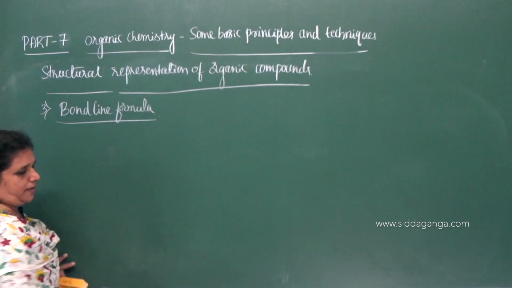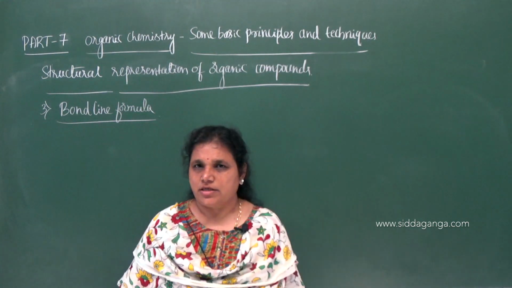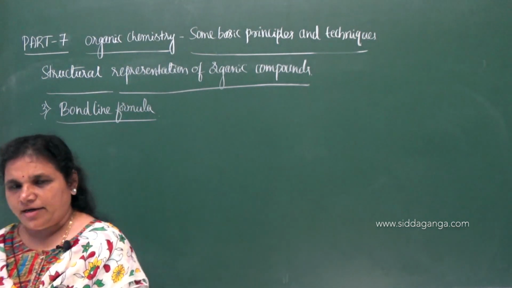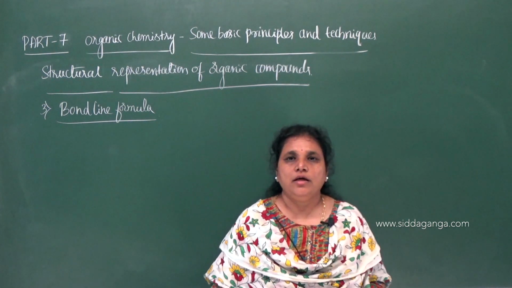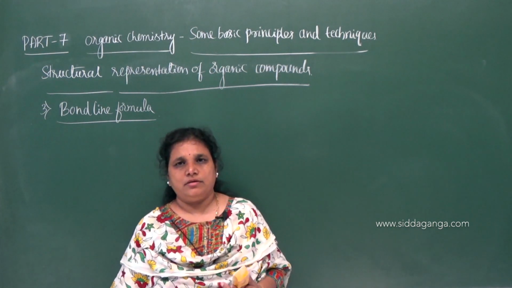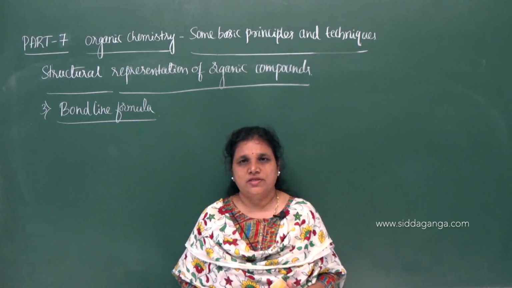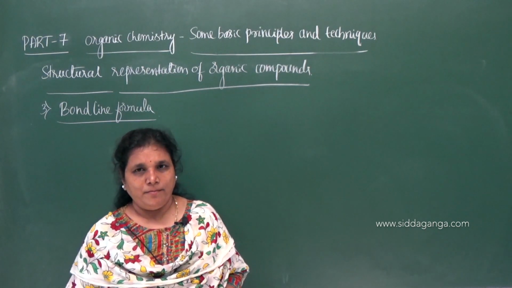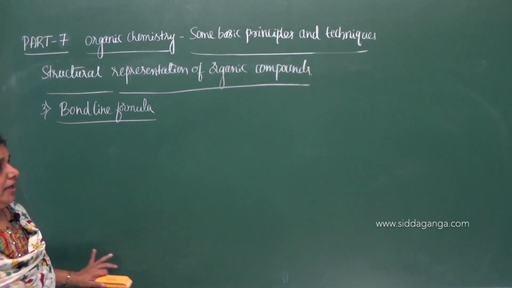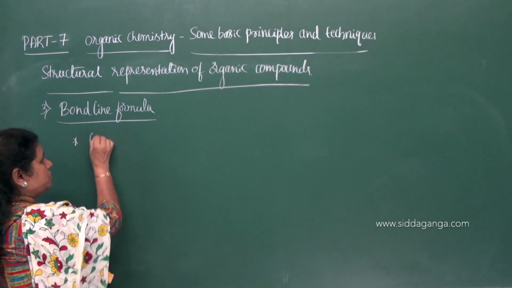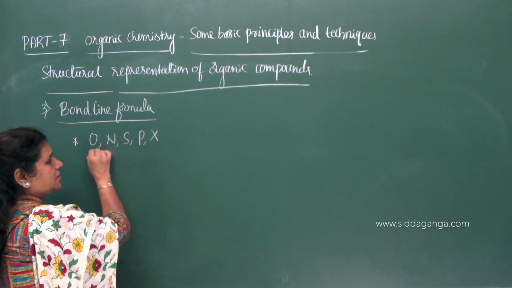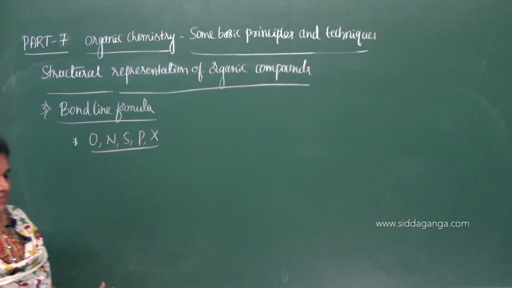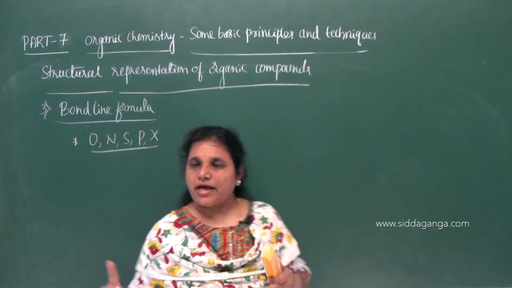Bond line formula. In a bond line representation of organic compounds, the carbon and hydrogen present in the compounds are not shown in the formula, but other elements, that is oxygen, nitrogen, sulfur, phosphorus and halogens, if present, are shown.